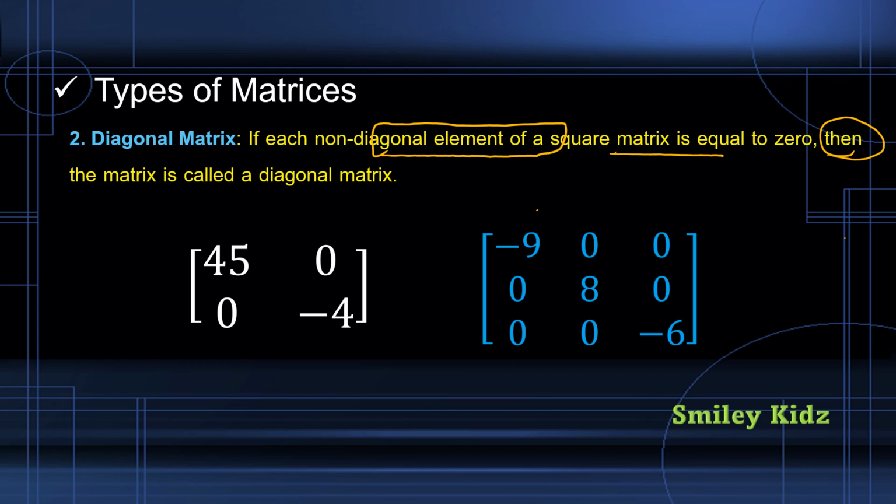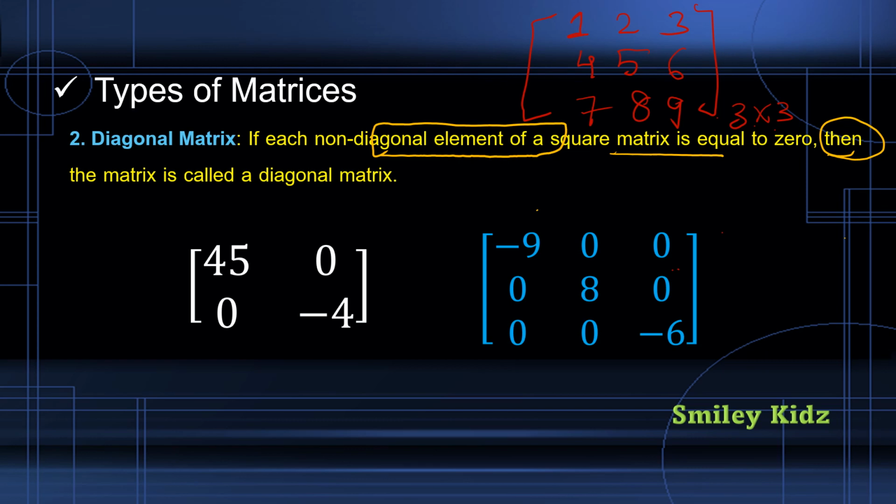Let's understand that first. Now, if I have 1, 2, 3, 4, 5, 6, 7, 8, 9, this is one matrix of the order 3 cross 3. Well, now what is a diagonal element and what is a non-diagonal element? Let's make sure we understand that first.